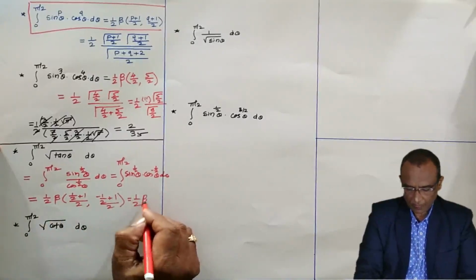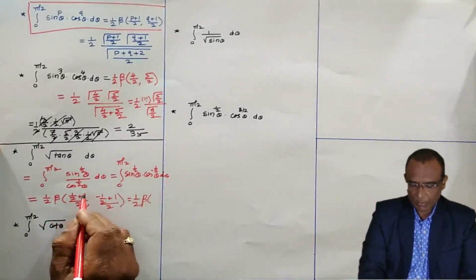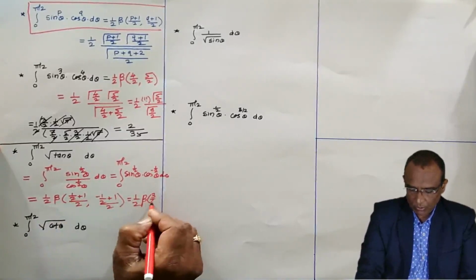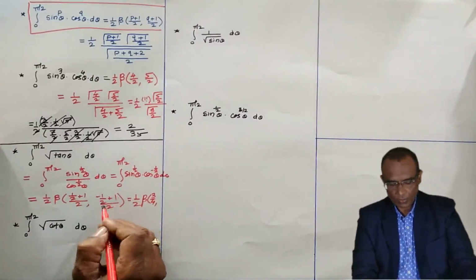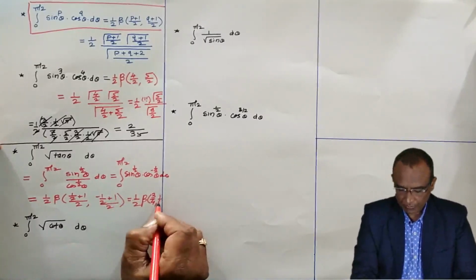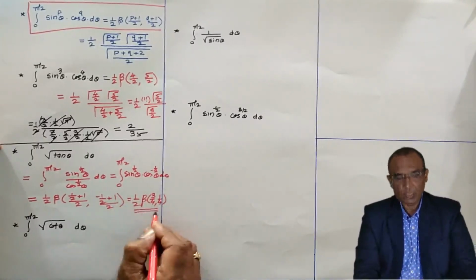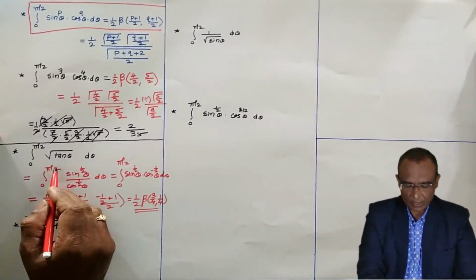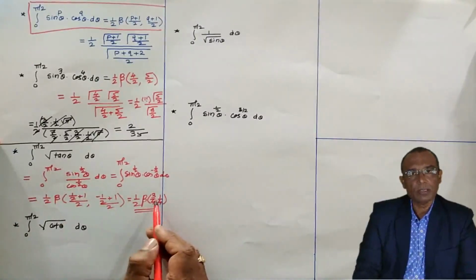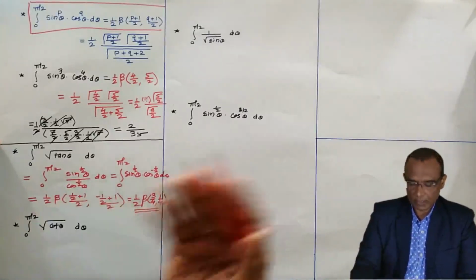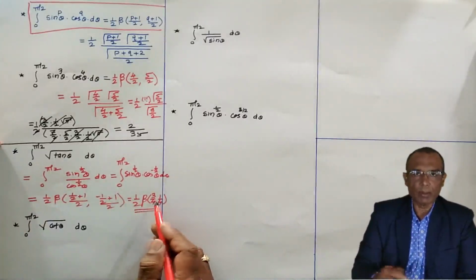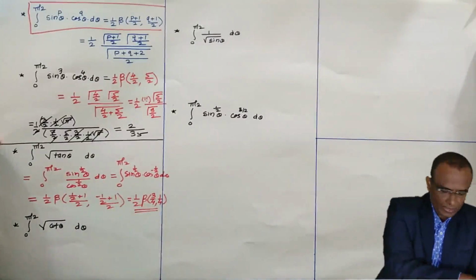This is 3 by 2, 3 by 2 by 2 is 3 by 4, and this is 1 minus 1 by 2 is 1 by 2, 1 by 2 by 2 is 1 by 4. So this is the answer to this integral, and you can solve it further by converting it into gamma function.